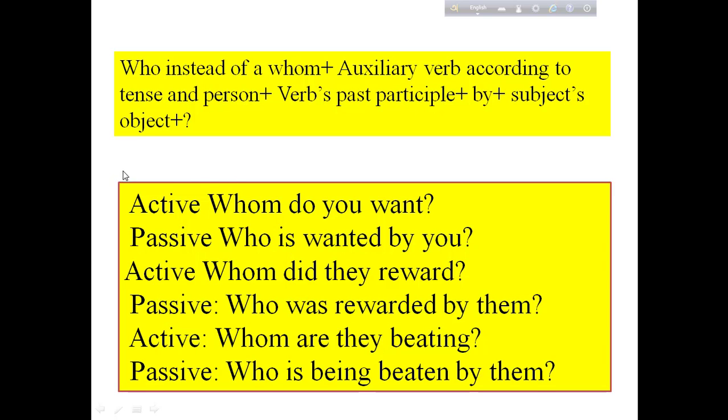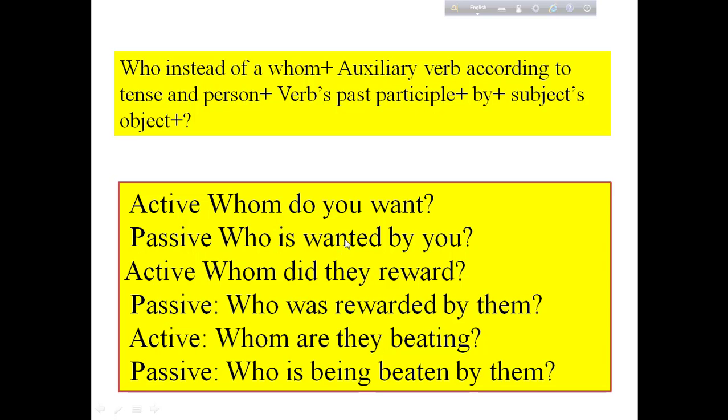Another example: whom do you want? You have to write who instead of whom. Then the auxiliary verb according to tense and person. Then the verb's past participle, wanted.